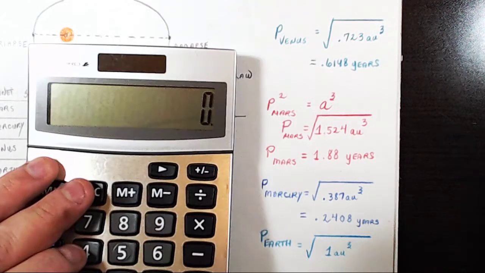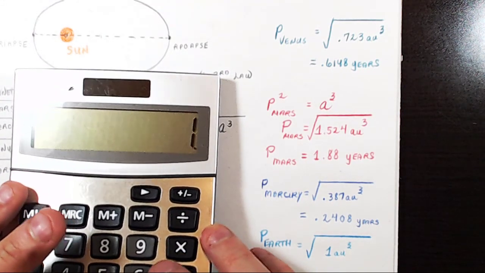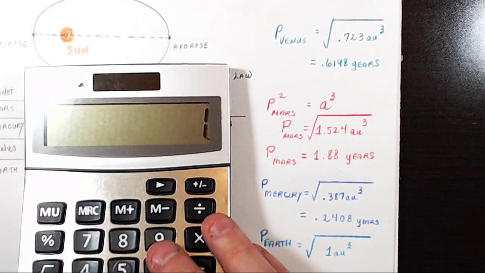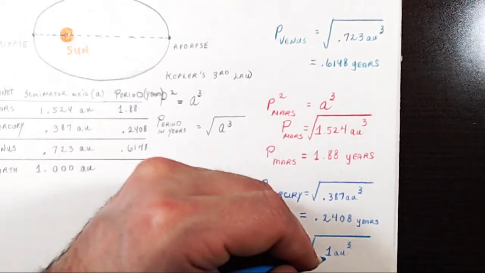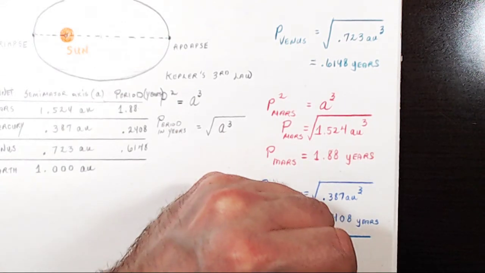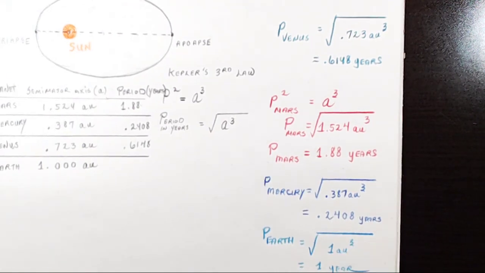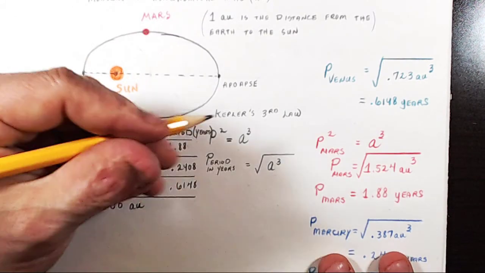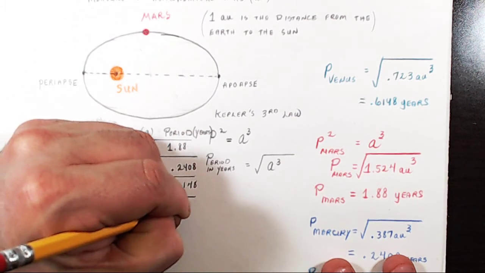All right, just to prove the point, 1 times 1 times 1 is equal to 1. And then if I take the square root of 1, I get 1. So the period of Earth is 1 year. Okay, well, thank goodness that that's true, because it is in fact 1 year. Okay, it's exactly 1 year.